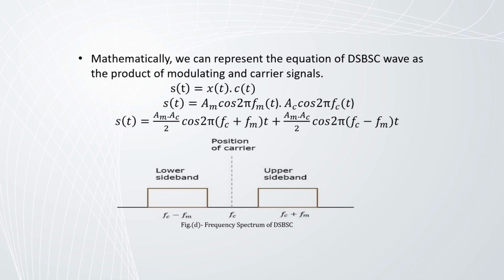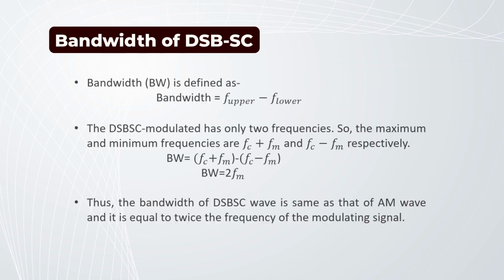Figure D represents the frequency spectrum of double sideband suppressed carrier wave, which indicates it has only two sidebands and the carrier is suppressed. The bandwidth is defined as the difference between the upper frequency and the lower frequency. Hence, the double sideband suppressed carrier modulated signal has two frequencies.